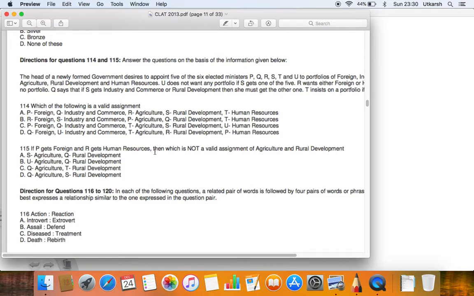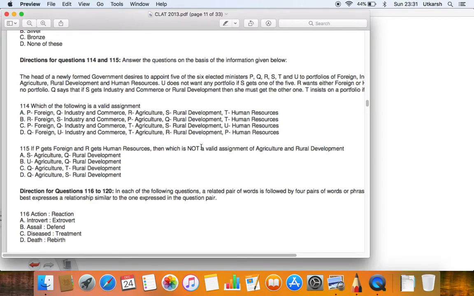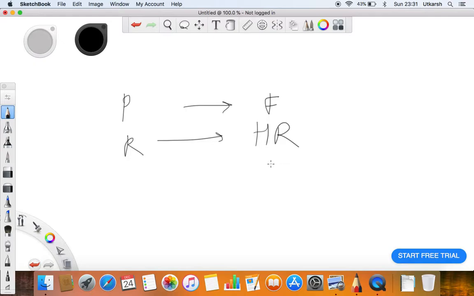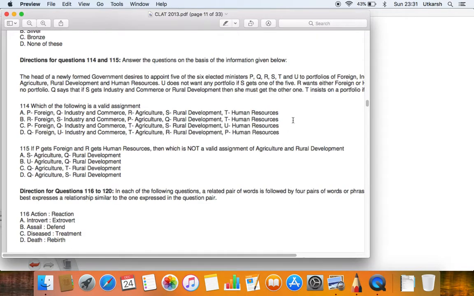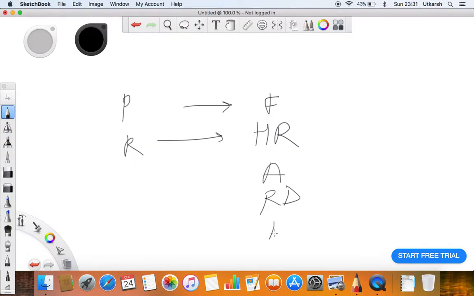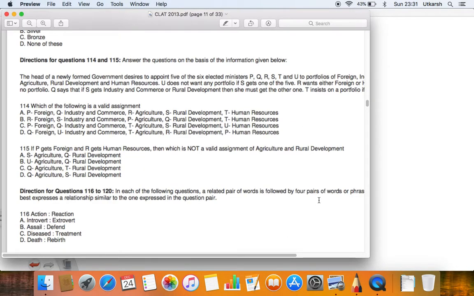Actually, I shouldn't have cleared that. But it's gone. Sorry. So if P gets foreign, R gets HR. Then which is not a valid assignment of agriculture and rural development? So agriculture, rural development. There's another one, right? Industry and commerce. All right.